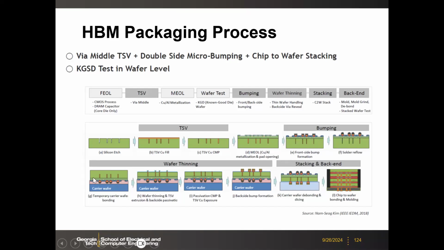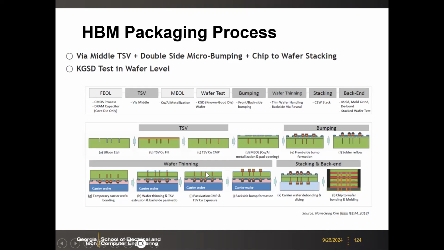And then after that, you have to flip the wafer, okay? You have to flip the wafer down because you are going to thin the wafer here. You're going to remove this bulk of the silicon. And then after you remove the bulk of the silicon, you will expose this TSV to the outside.